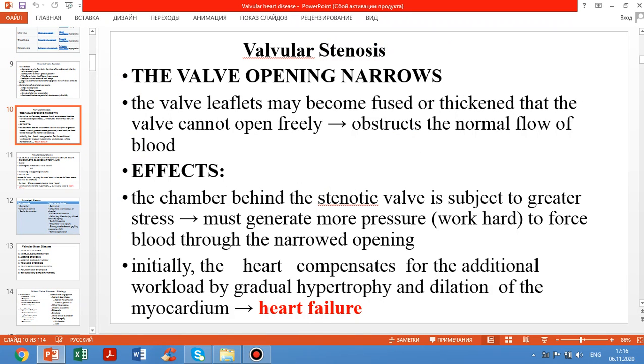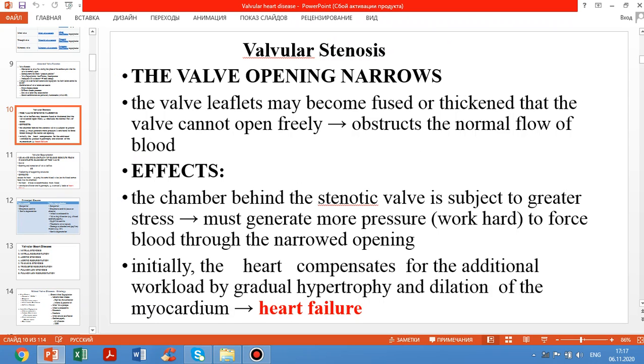Valvular stenosis. The valve opening narrows. The valve leaflets may become fused or thickened so that the valve cannot open freely, obstructing the normal flow of blood.